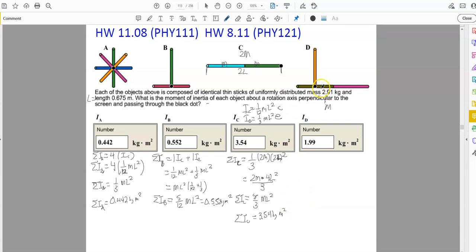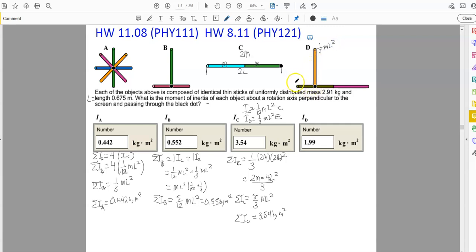The last one is really neat, and we're going to have to get creative again with this one. It looks like you've got this brick-colored rod right here, which is spun about its end. So that's going to just be 1/3 ML squared.